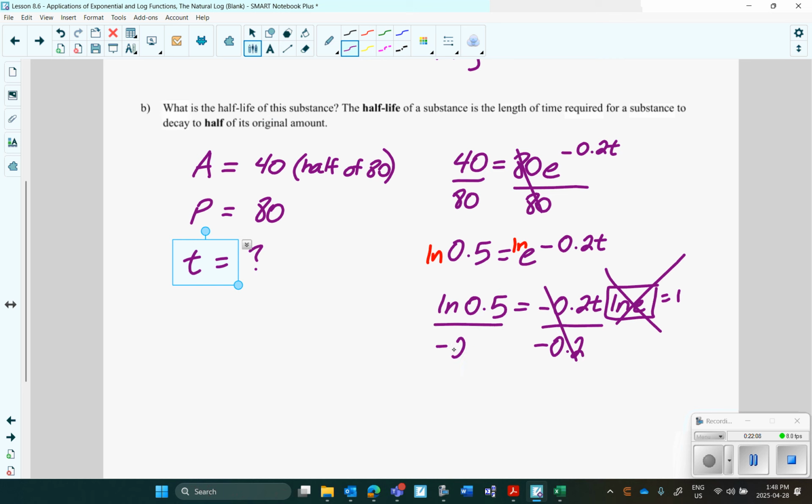Divide negative 0.2, and we're going to get our time. It doesn't ask us to round it to a certain amount. Let's go nearest. 3.5. Okay, let's leave it at 3.5.